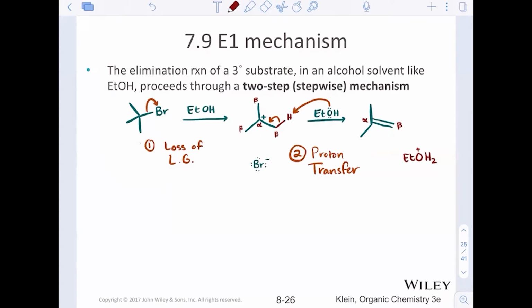So really what we want to be able to think about with the SN1 is we really just see tertiaries and allylic carbocations. Sometimes secondary carbocations can undergo this reaction. For the E1, the same thing, we still need to make a stable carbocation.